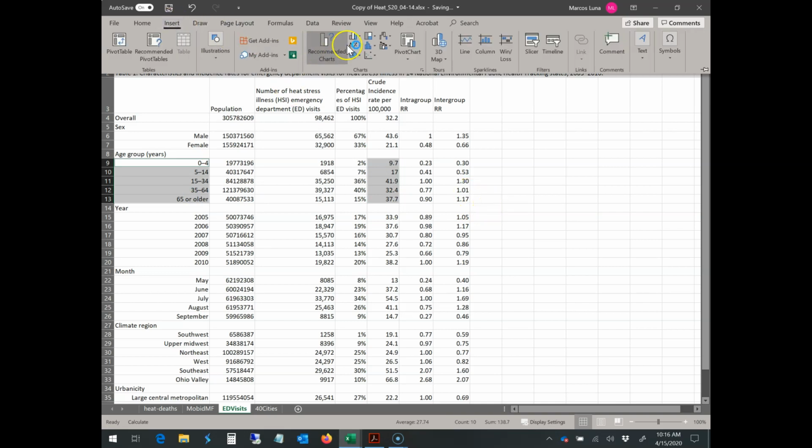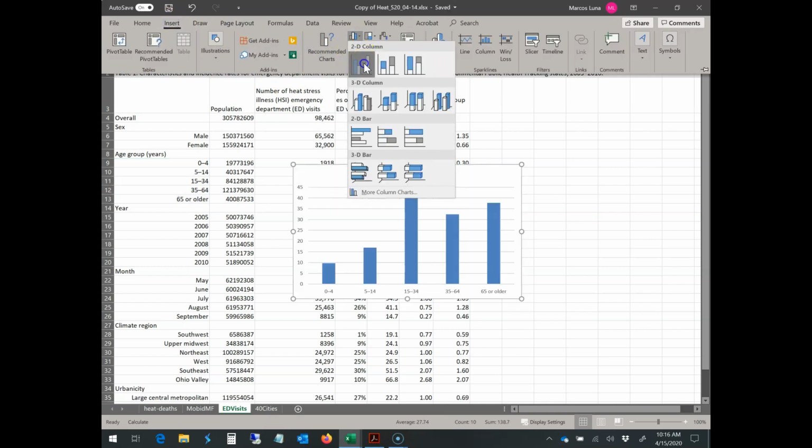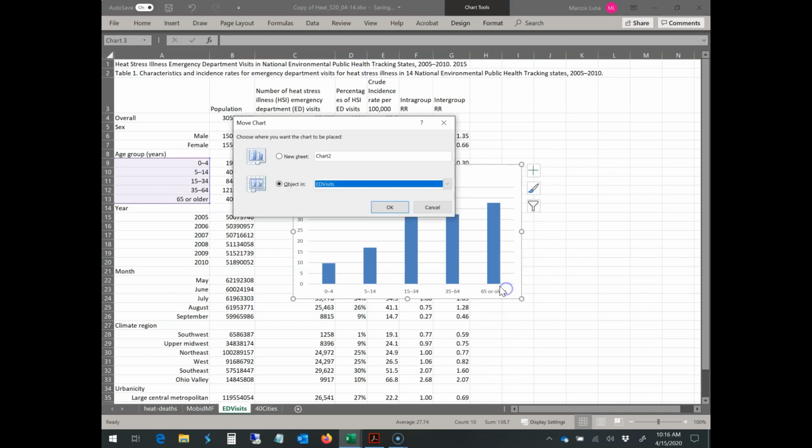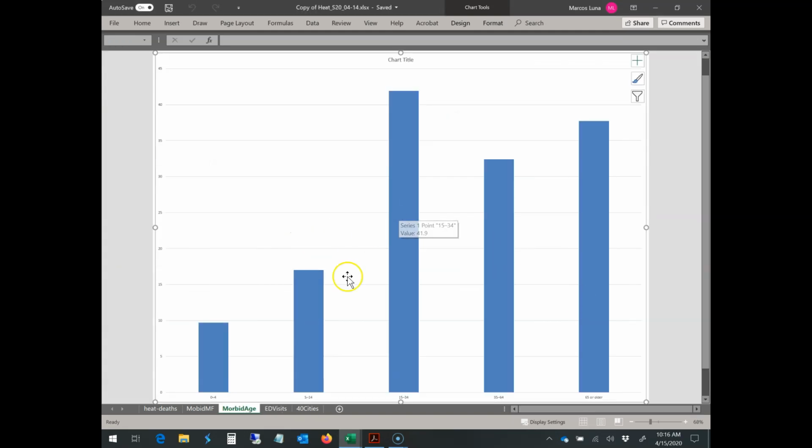Again, insert a column graph. We see that added there. And I want to move the chart to its own sheet. So we'll call this morbid age. All right. And we can see that nice label there.